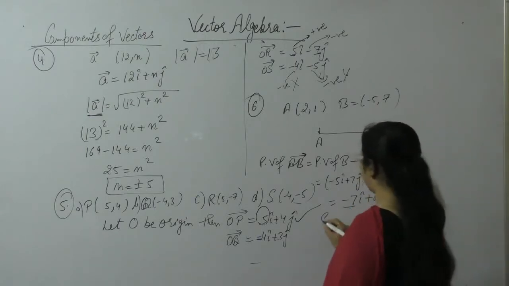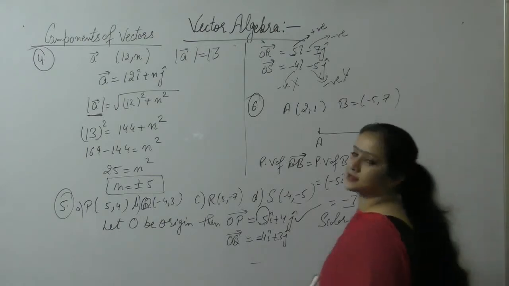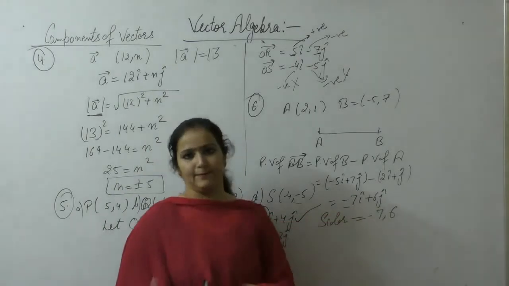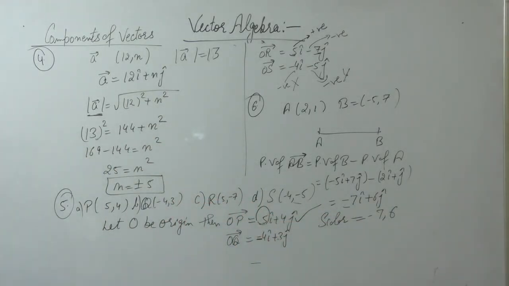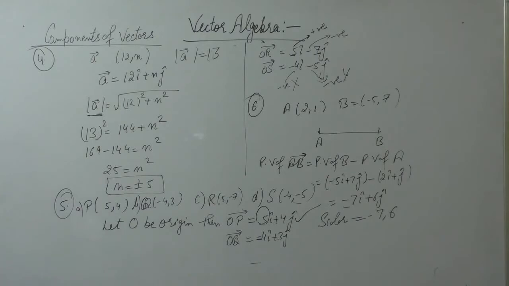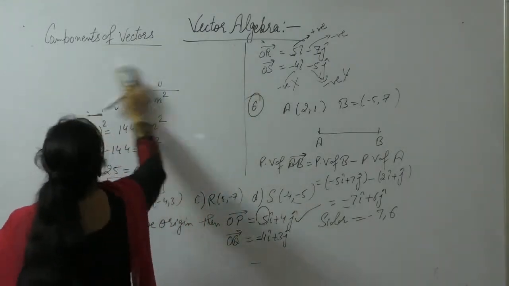So the scalar components are minus 7 and 6, and the vector component is minus 7i cap plus 6j cap. Scalar components are minus 7 and 6 along the OX and OY axis. The vector components are minus 7i and 6j.